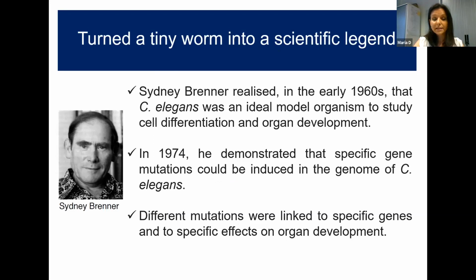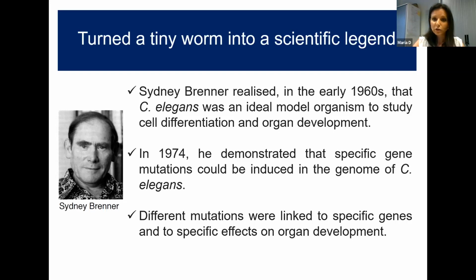And he's a South African biologist that moved to Cambridge, and he was the first one to look at the DNA structure when it was firstly discovered by Watson and Crick. So he demonstrated that there were specific gene mutations that can be introduced in the DNA of C. elegans. And he identified more than 600 mutations in the worm model.